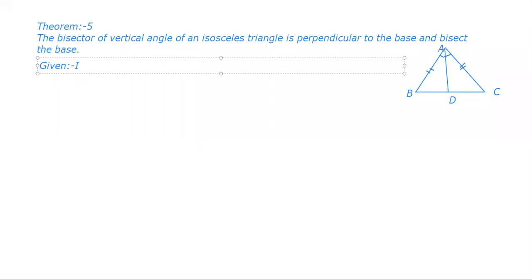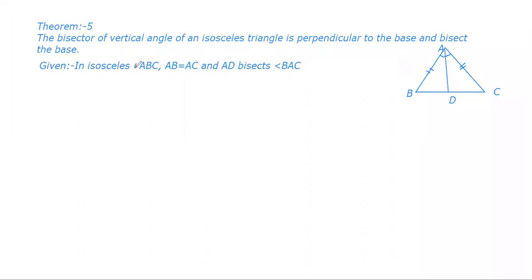Here in isosceles triangle ABC, AB is equal to AC, AB and AC are equal, and AD bisects angle BAC, because AD is the bisector, it is given there.